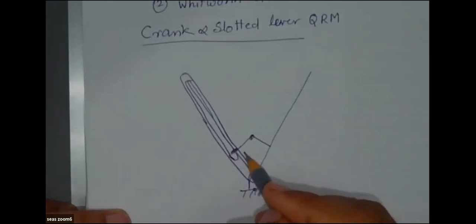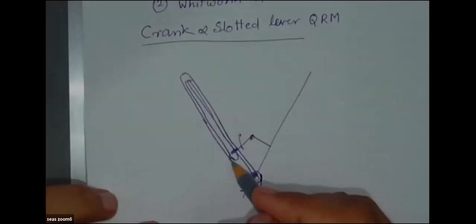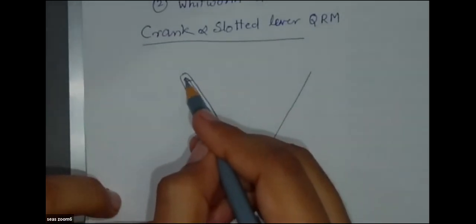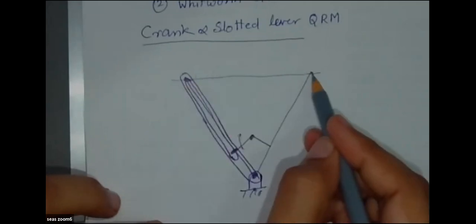And when this crank rotates, this lever also rotates, and this position changes from one position to another position. So the total stroke is from this position to this position.